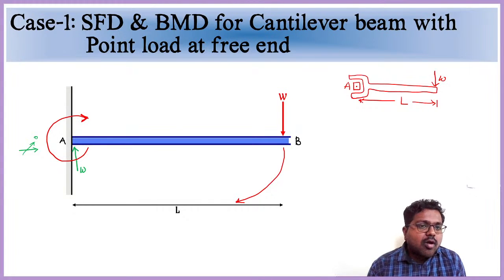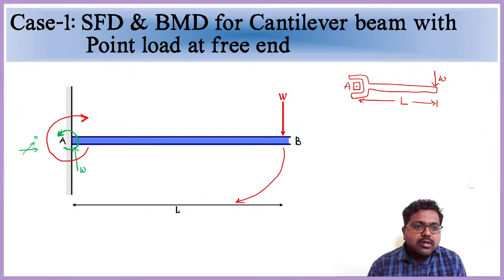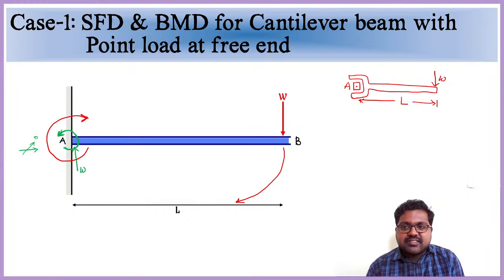To overcome this clockwise rotation, a reaction has to be developed at A. Since rotation is not allowed in fixed beams, that's why here we are having an anti-clockwise reaction moment. Anti-clockwise reaction moment is observed here. So it is having a magnitude of force into distance.